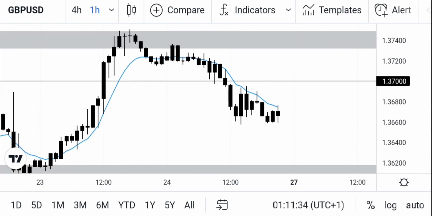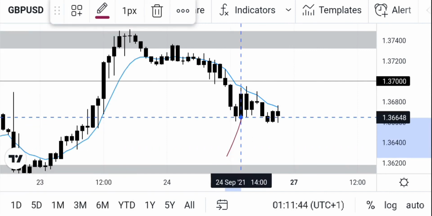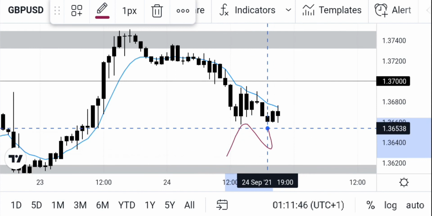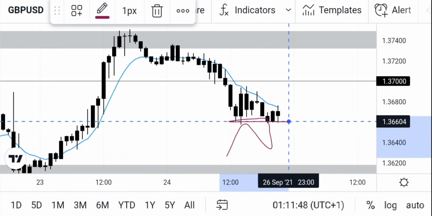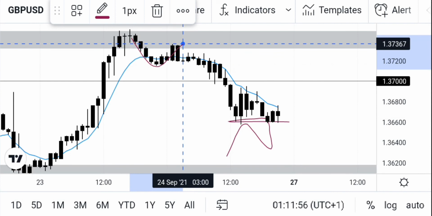On the 1 hour time frame, we can see price is making a potential double bottom, which is this right here and this right here. This is a potential double bottom. But we can also see that price is making lower lows and lower highs from that retracement.